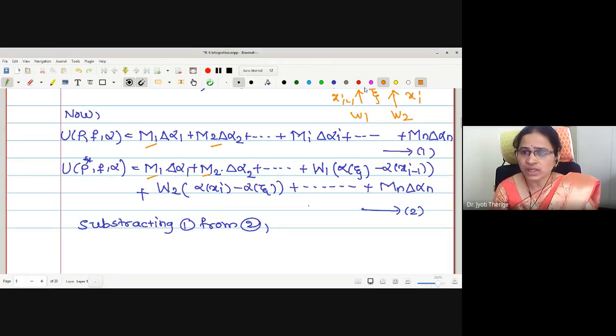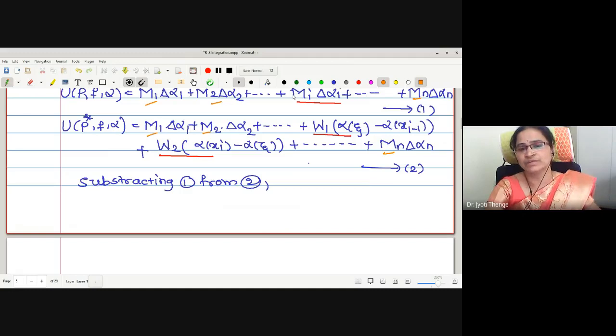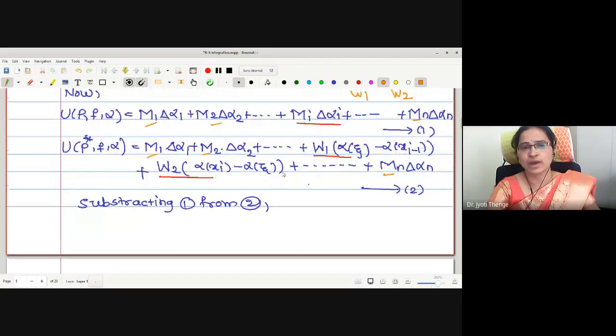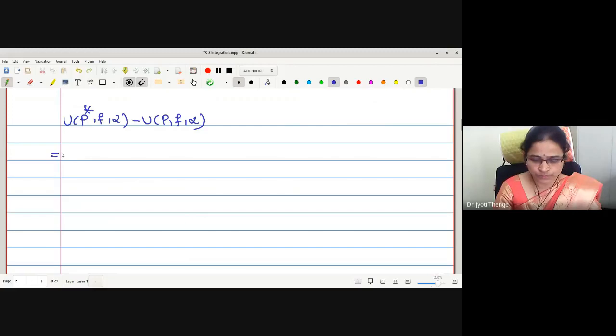Only this term is not going to cancel: Mi delta alpha i, W1 into this term, W2 into this term. All the rest of the terms are going to cancel one another. Therefore, we will write only the terms which are left with us: W1 into this bracket added with W2 into this bracket minus Mi delta alpha i. Correct, no?